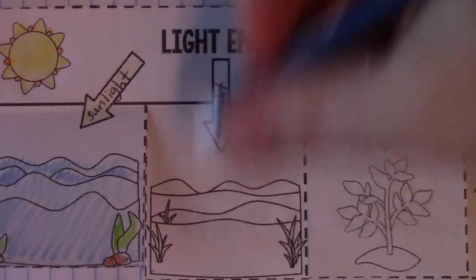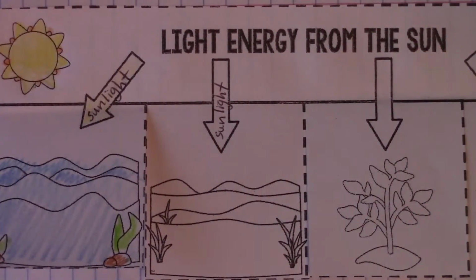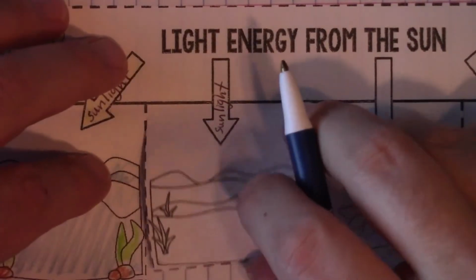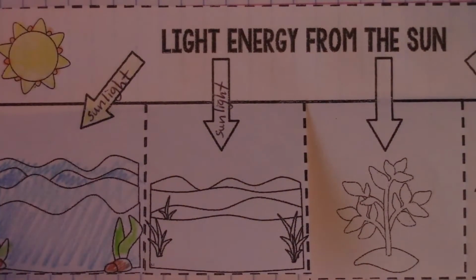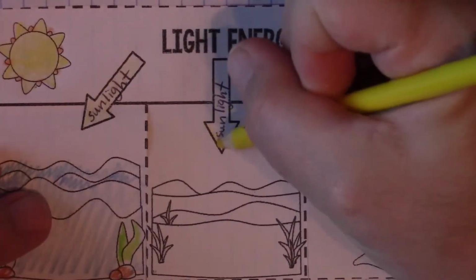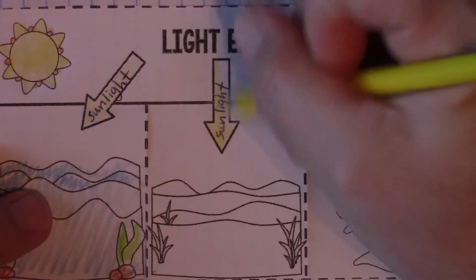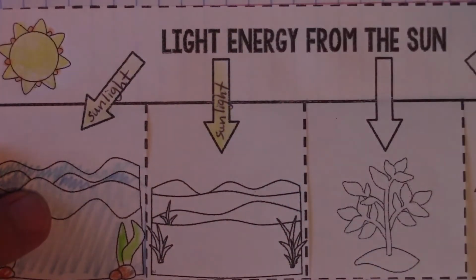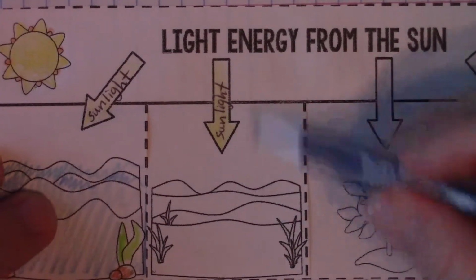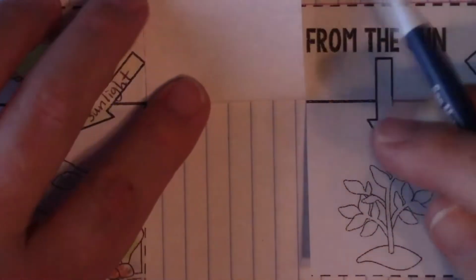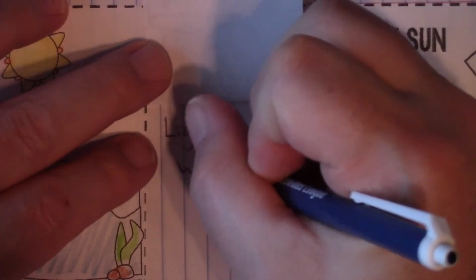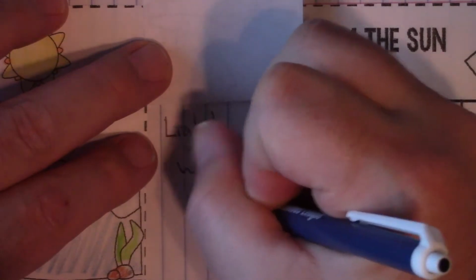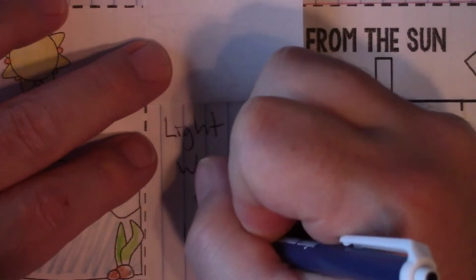Sunlight also shines on land. Okay. So sunlight, again, I write here. I'm going to color that yellow. Sunlight also shines on the land, and the light from the sun warms the land.